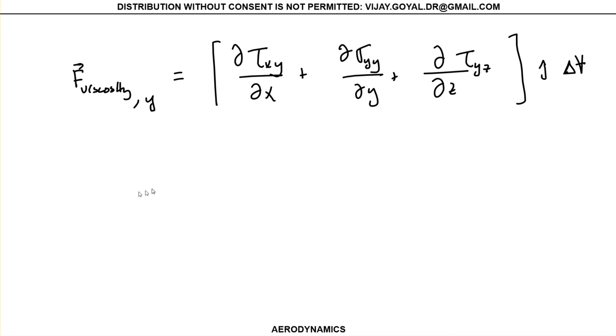Okay, so if I combine all the terms now, you will end up with the following expression. Let me go to the next page. Rho, total derivative of your velocity with respect to time, is going to equal your body force times rho minus your gradient of pressure plus your effects of viscosity.